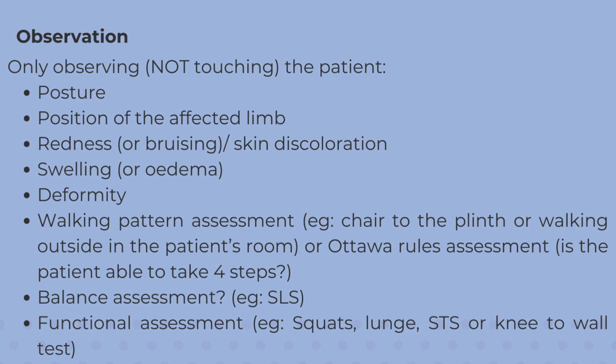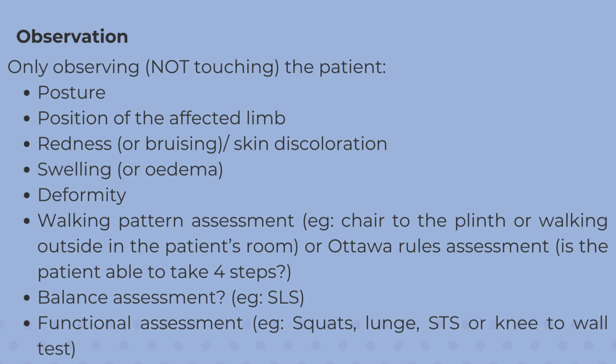Are you able to move your right hand at the back towards attempting to close your bra, something of that sort? Or are you able to reach for your hair as if you're going to comb your hair? So these are things that you would be checking in an upper limb. Squats, sit to stand, lunges, knee to wall assessment is for lower limb assessment.